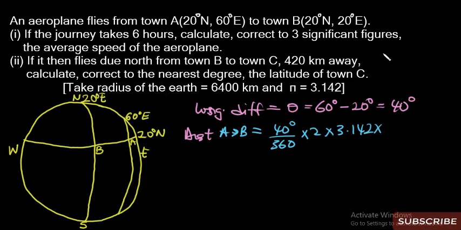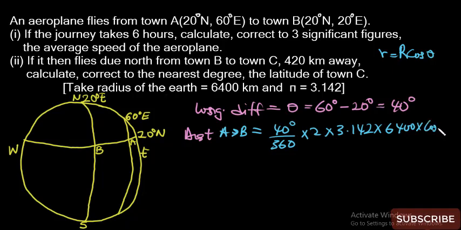The small radius is equal to the big radius, the radius of the earth, times cos theta. So the radius of the earth, as given in the question, is 6,400, times cos of the latitude, 20 degrees. If you punch these in your calculator, this is what you arrive at: 4,199.13. So that is the distance traveled.